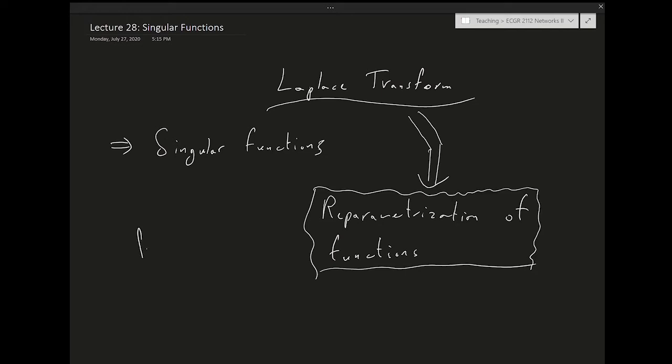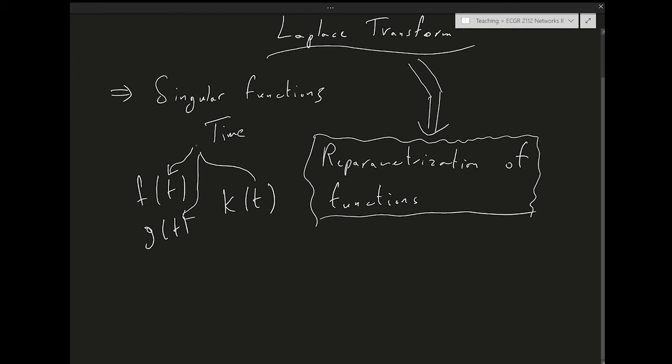So we have functions f of t, g of t, k of t. All those functions have a parameter. The parameter is time, which is fine. A lot of the problems we faced in this course have to do with representing signals in time and figuring out how circuits behave when those signals are inputs to those circuits and what the response would be.